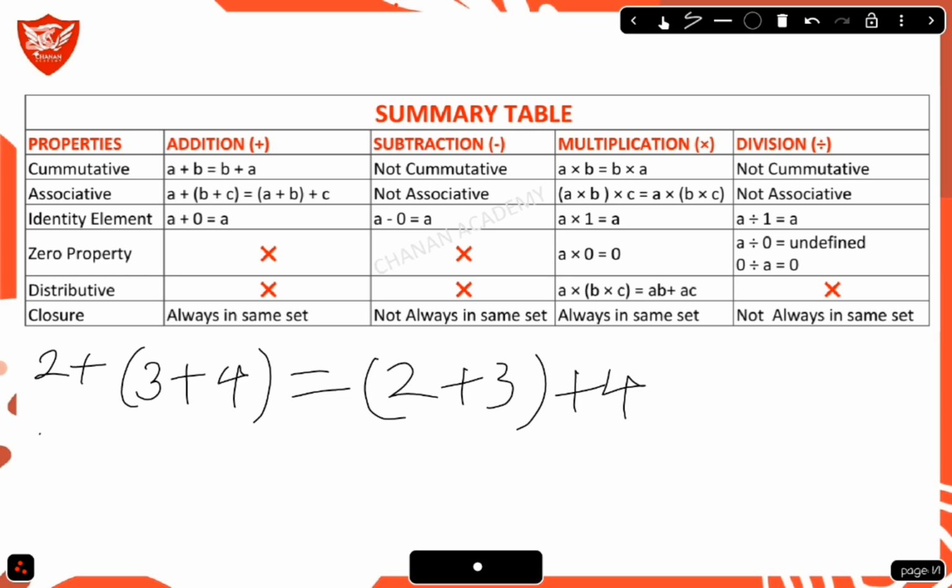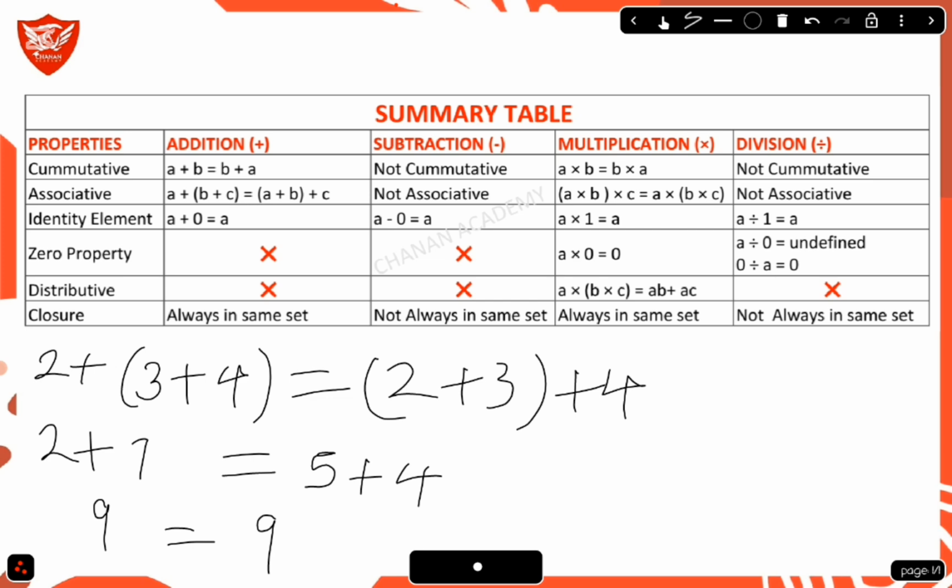So we have 3 plus 4, the result is 7, and 2 plus 7 is 9. Then 2 plus 3 is 5, plus 4, the result is 9. So you can see that addition is associative.